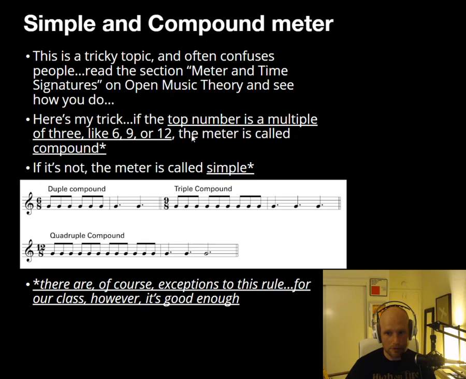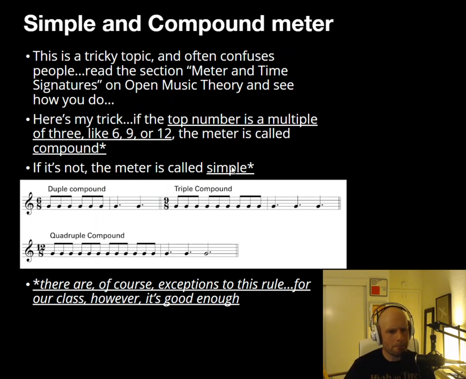We could do 3 times 5, etc. If that is the case, then the meter is called compound. If it's not, the meter is called simple. So 2 different kinds of meter, simple and compound.